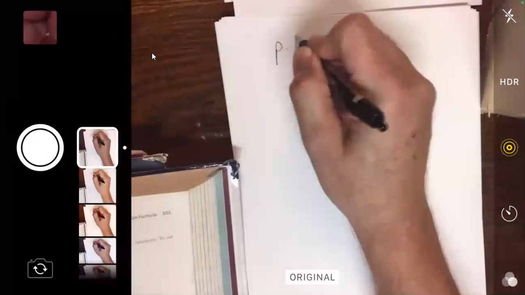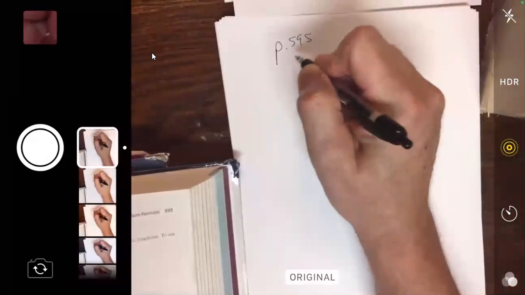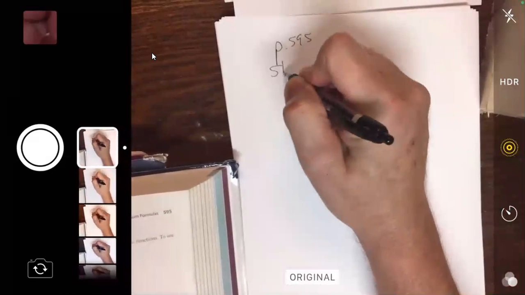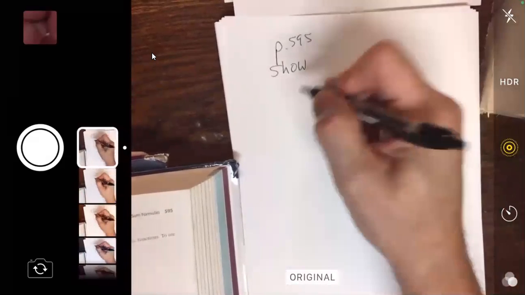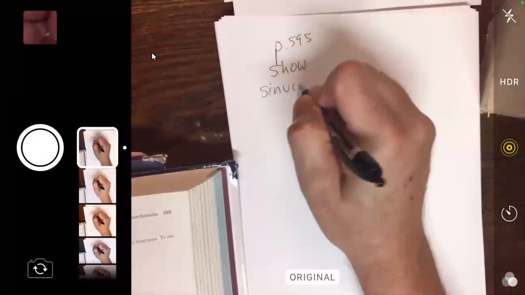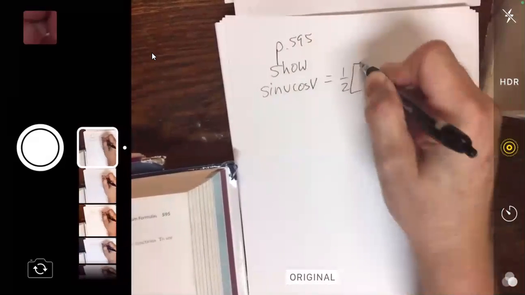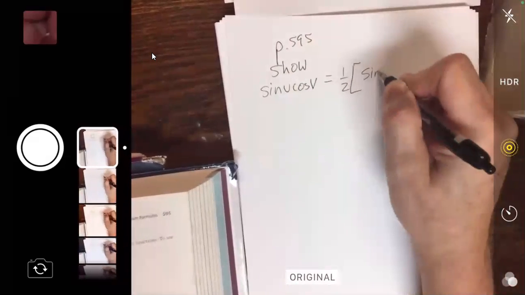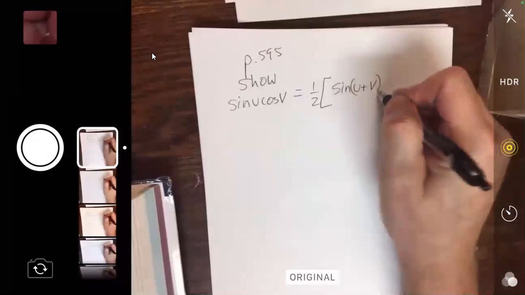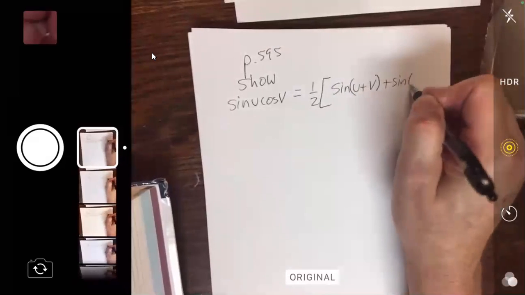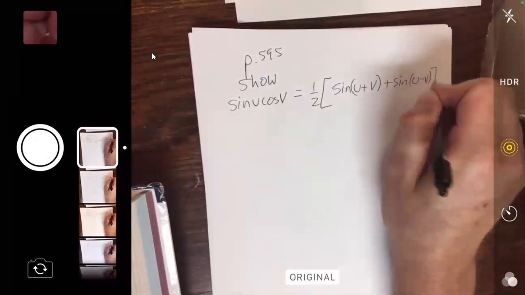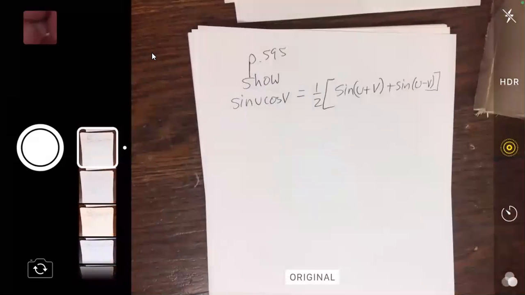So page 595, show that sine u cosine v is equal to one half of sine of u plus v plus sine of u minus v. I'll show you what you have to do to show it.